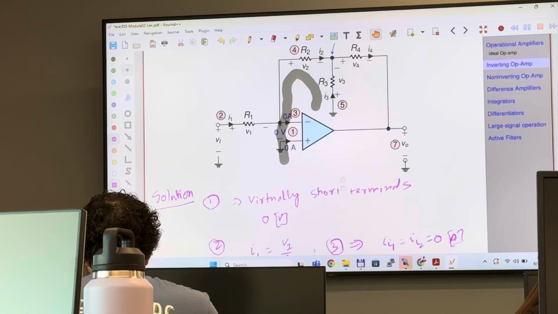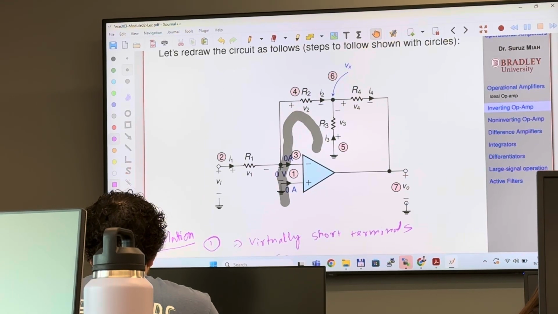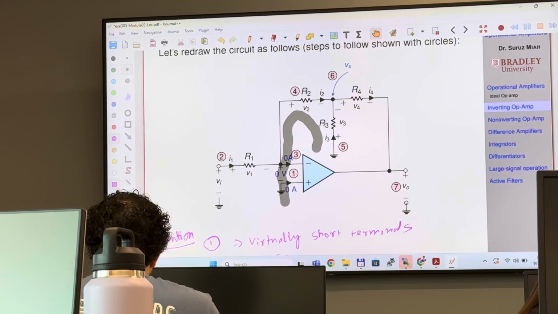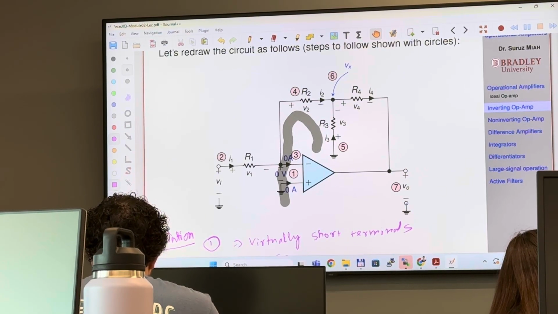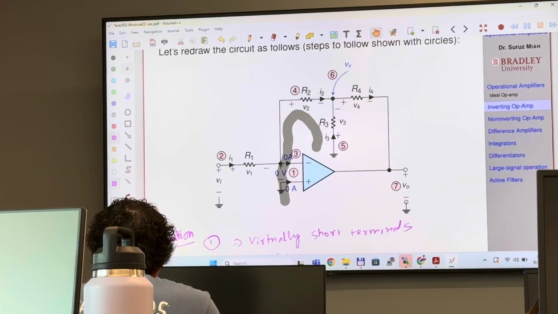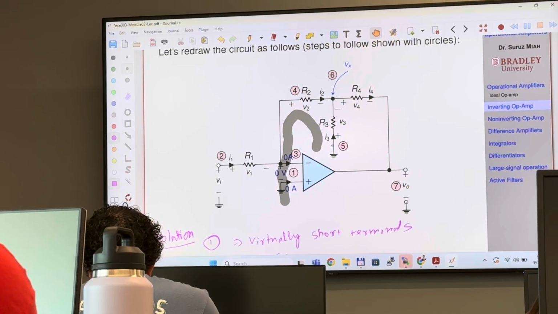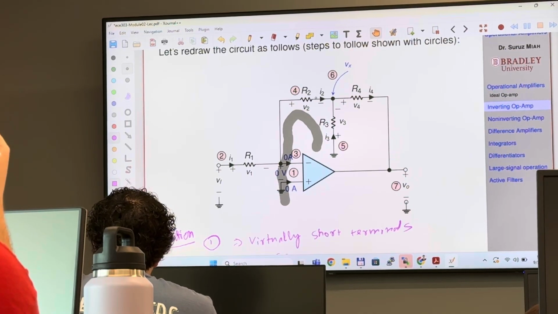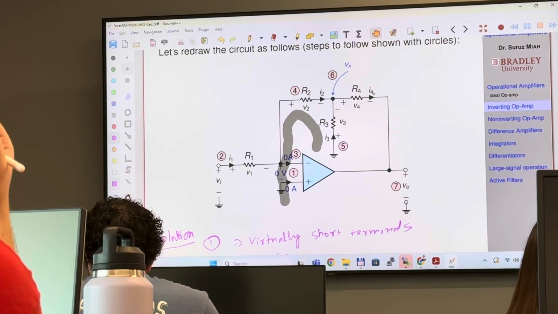Step 6. At this node, don't you guys see you can apply KCL here, Kirchhoff's current law. Kirchhoff's current law says that the algebraic sum of all the currents entering into a node is 0, right? So if the incoming currents are positive, outgoing currents are negative, so the algebraic sum is going to be I2 plus I3 minus I4 equals 0.